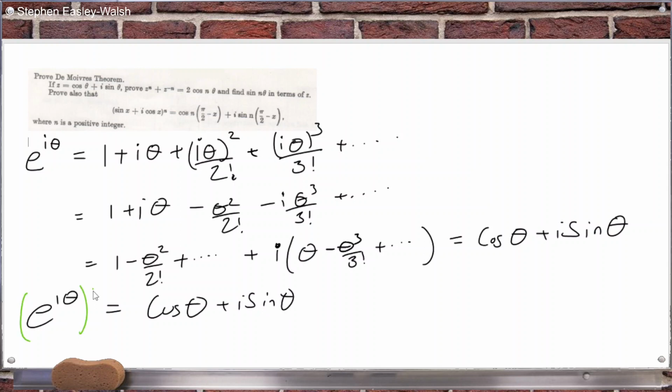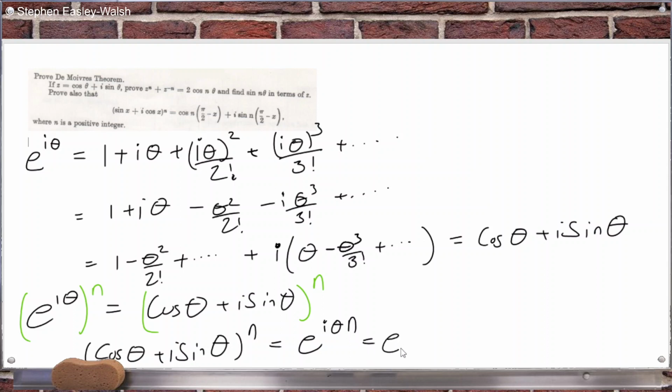If you raise both sides to the power n, then you end up saying that (cos θ plus i sin θ)^n is equal to (e^(iθ))^n, which, to be clear, is e to the power i times θn.